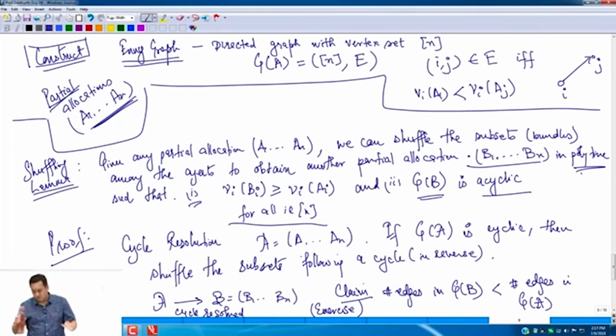what is the nice property about acyclic directed graphs? Okay, let me ask a related question. Give me an example of a directed graph that has no source vertex, i.e. a directed graph where all vertices have an incoming edge. A cycle, fine, but I have an acyclic graph. So can I argue that directed acyclic graphs always have a source vertex?